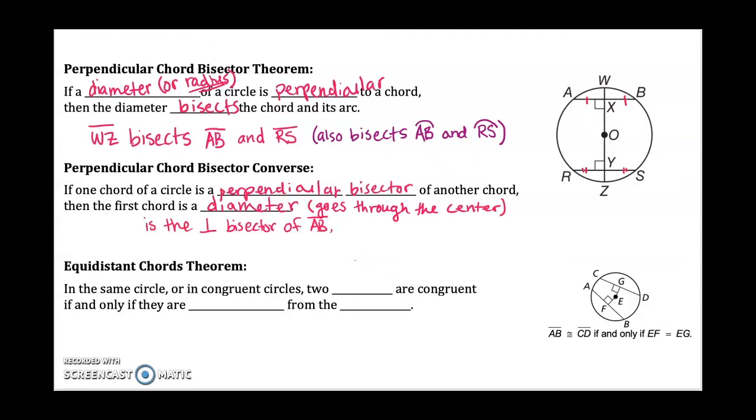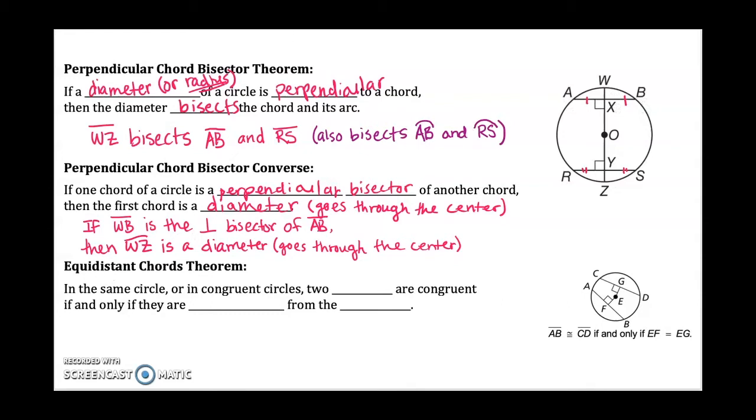So if we were looking at this same diagram and going the other way about it, if WZ is the perpendicular bisector of AB, or I could use RS for this, then that means WZ is a diameter or goes through the circle center O. So if I just had this going through, a way I could tell if it goes through the center is to see if it does bisect that chord.